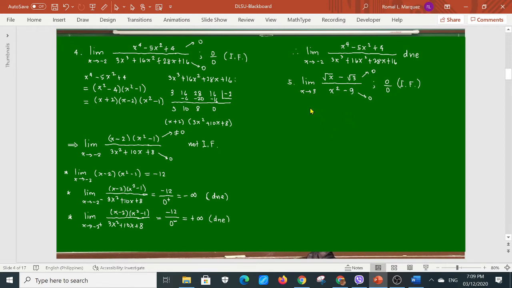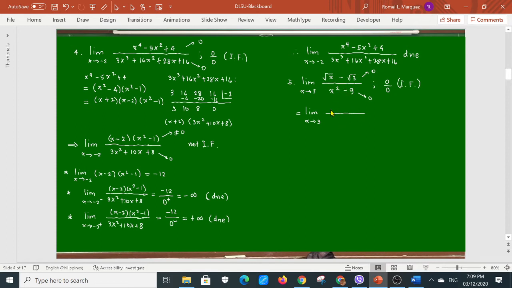What technique in algebra are we going to apply? We apply multiplying the numerator and denominator by a quantity that will eliminate the radical.